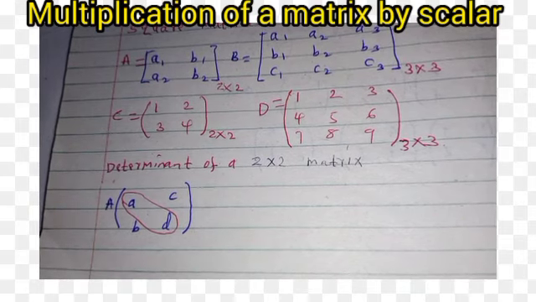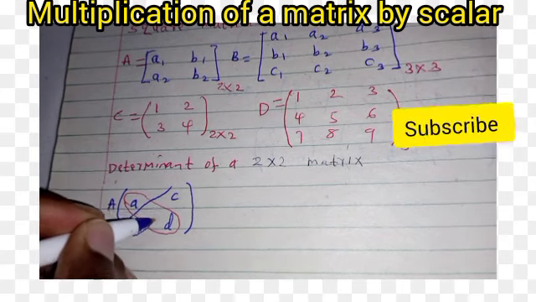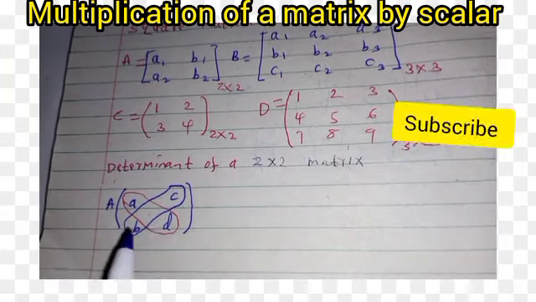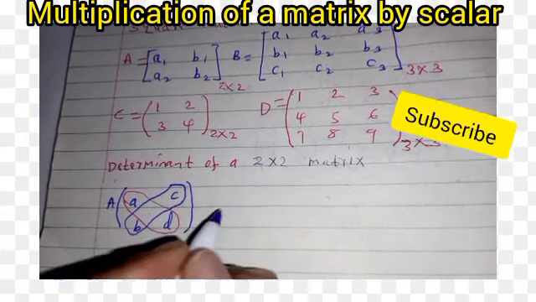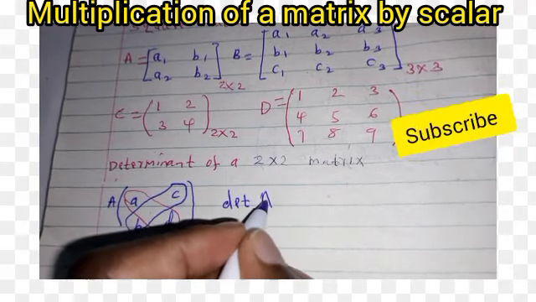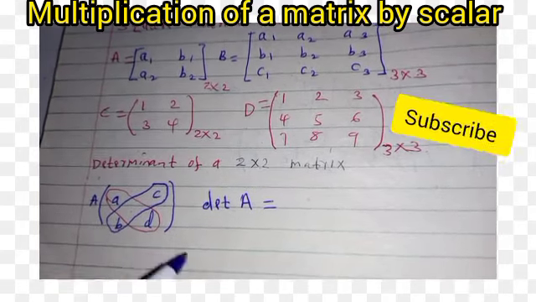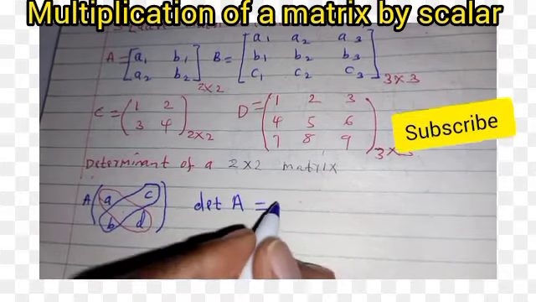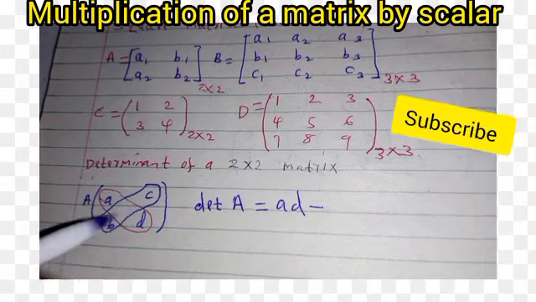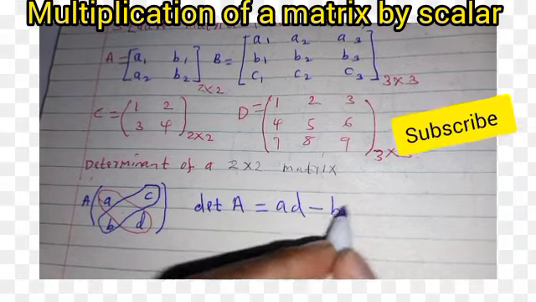The elements on the other diagonal are called the elements on the other diagonal. So the determinant of matrix A, written as det A, is simply given by the product of the elements of the main diagonal, that is A times D, so AD, minus the product of the elements on the other diagonal, in our case BC.